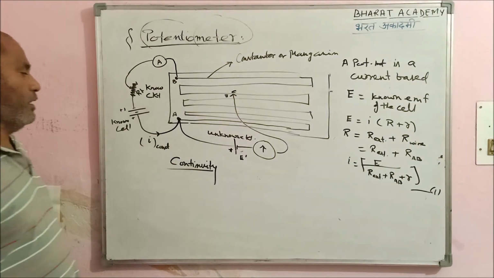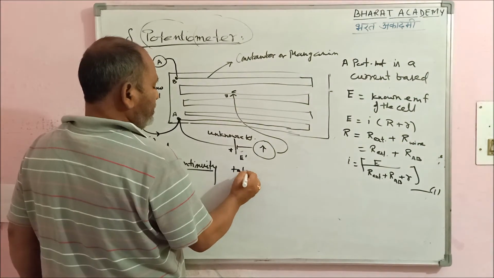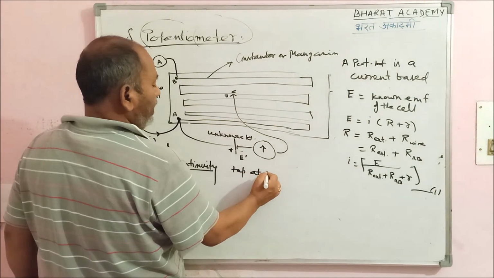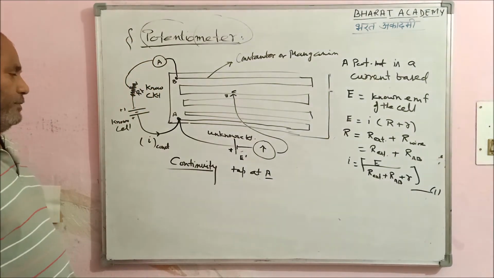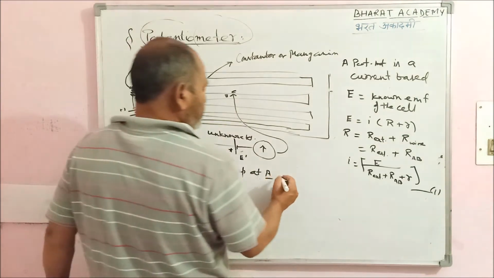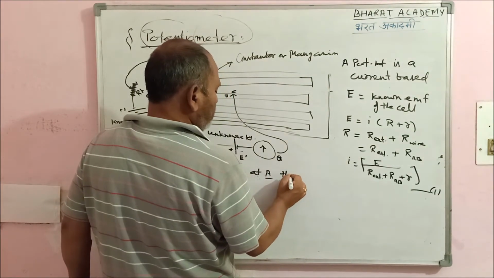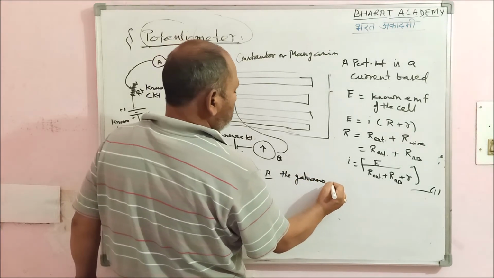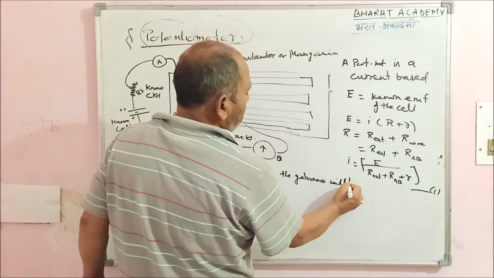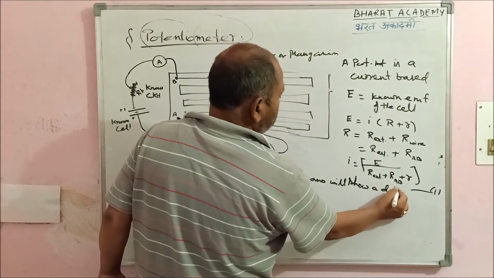Once the circuit is established, we tap at point A with the help of the jockey. The galvanometer will show a deflection.